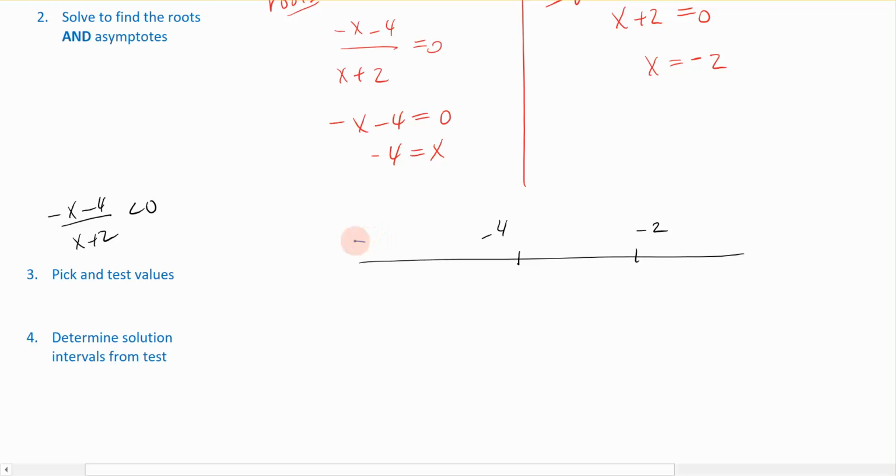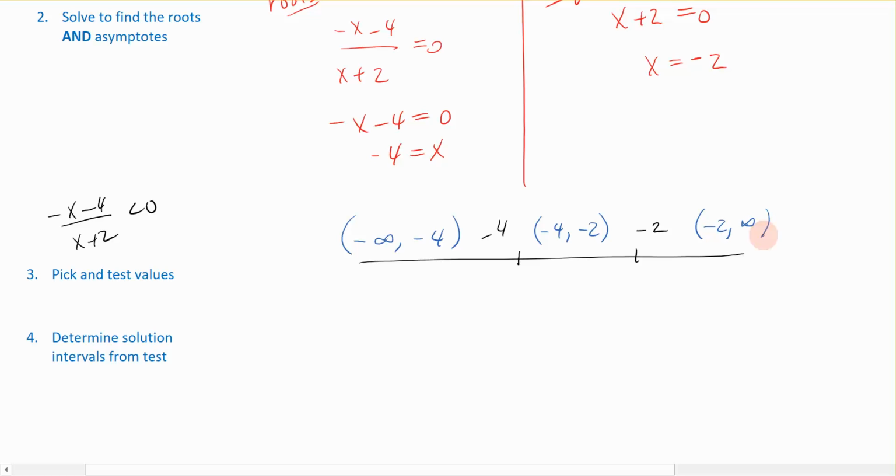So this would simply be from negative infinity to negative 4 with a parentheses because I can't include negative 4 in the solution. In the center, we would be at negative 4 to negative 2 parentheses. Now the reason this is a parentheses is because I have an asymptote occurring at negative 2, so I could never include it no matter what. To the right, we have negative 2 to infinity.